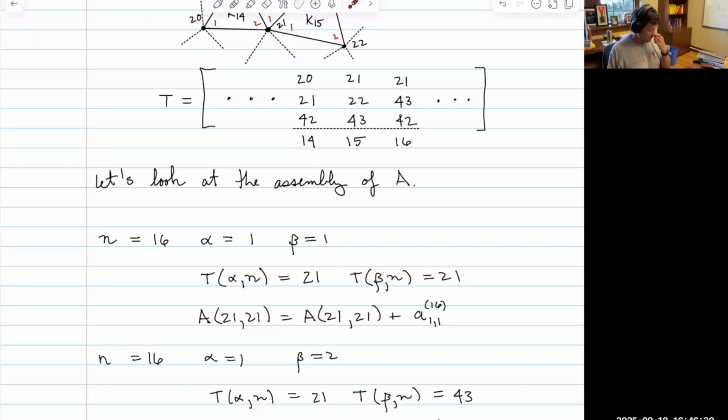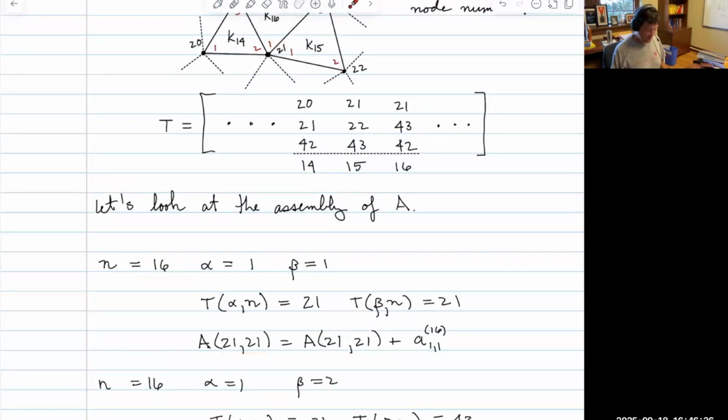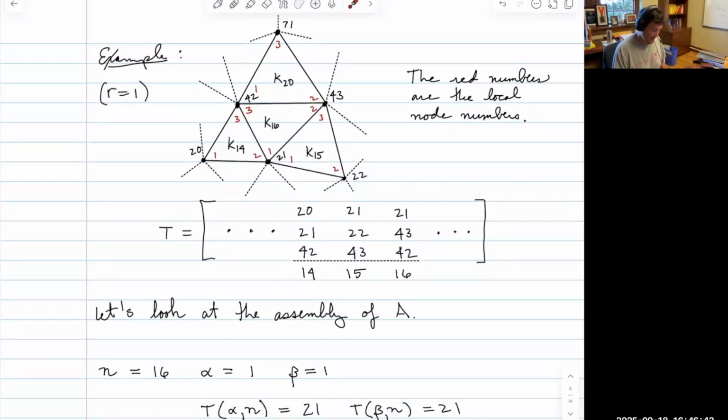Right? So now let's think about what is that guy? What is A21,21? Well, it's going to be this global degree of freedom here, and that's just a tent function. And the tent function has all these triangles in its support. So we're only adding the one element from K16 for 21,21, which is contributed from that support over K16.